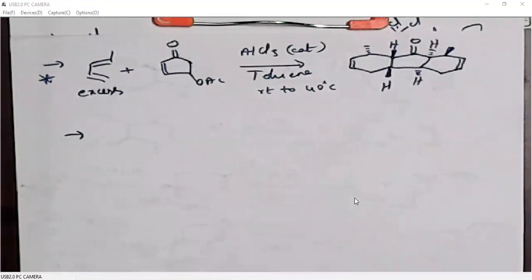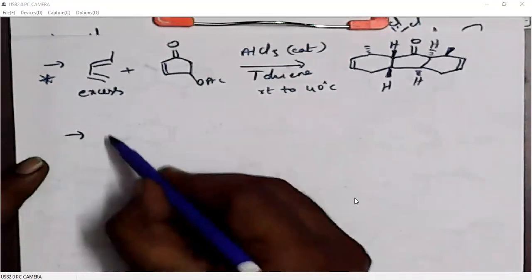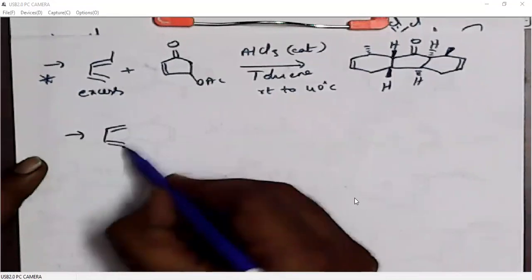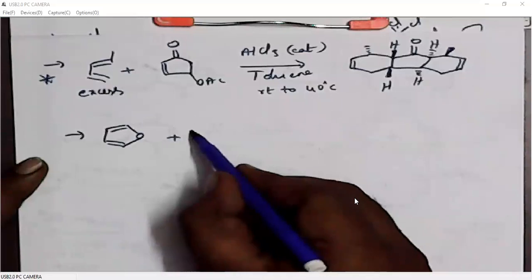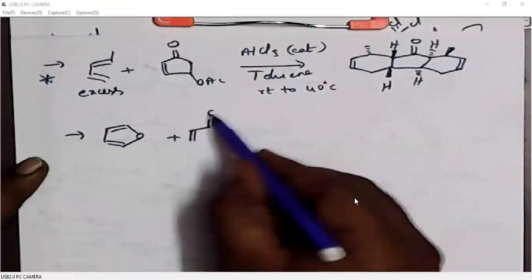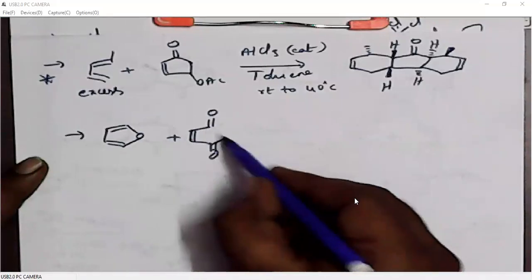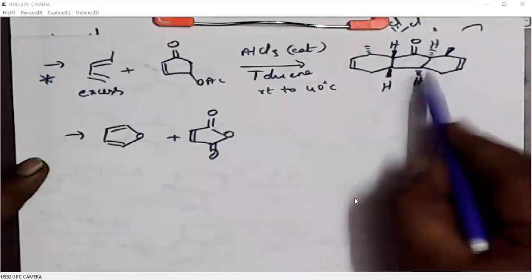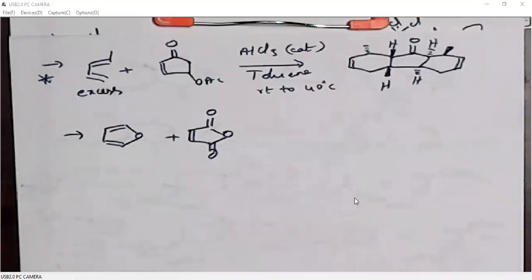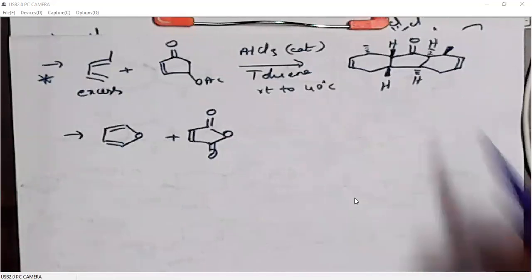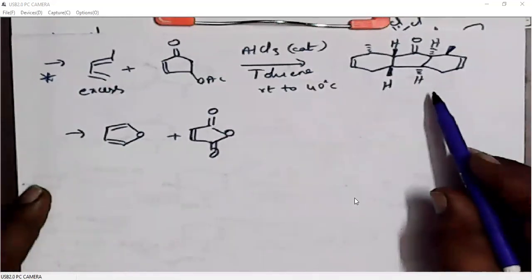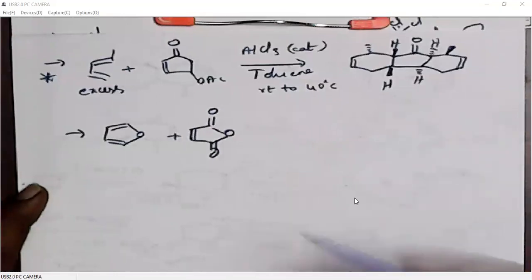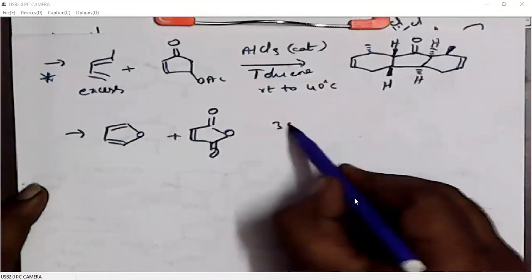But in some cases, even the endo product is unstable according to thermal stability conditions. Here, this product is stable at room temperature, and even at a high temperature it is stable. So because it is stable, we can get the endo product. But what if the endo product is unstable?